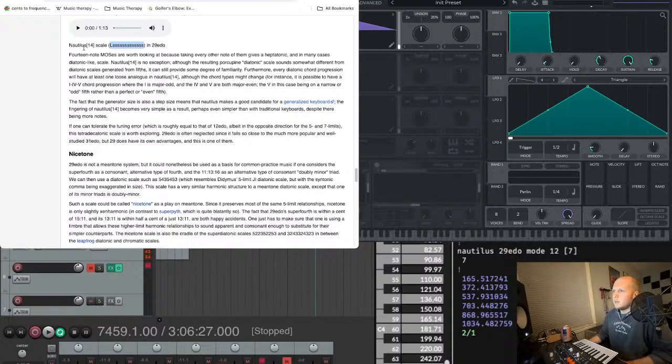But here it says 14 note mosses are worth looking at because taking every other note of them gives a heptatonic. Meaning if you have a 14 note scale and you skip every other note, kind of like skipping every other note on the piano gives you a whole tone scale, which is of course a 6 note scale. On the piano it looks like this.